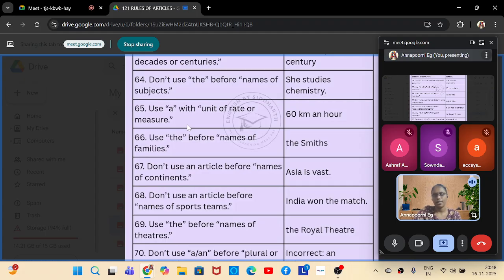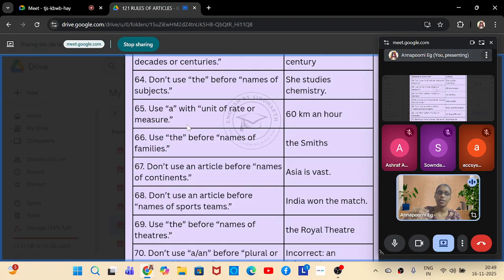We say an hour, since the h is silent. You can say an hour, a minute, a second. That is exceptional for units of time, but for kilometer, meter and all, we try to avoid articles.